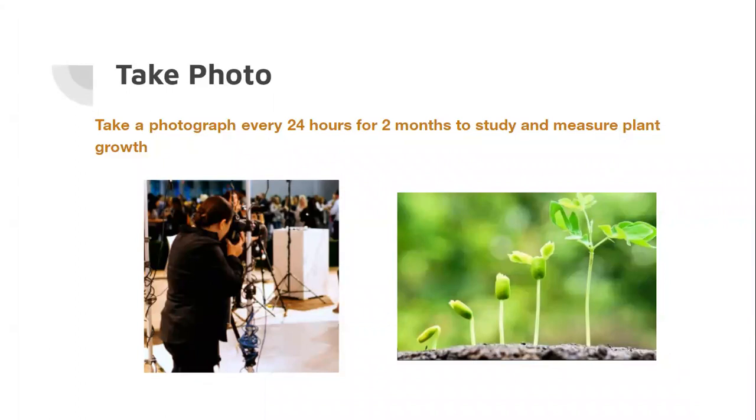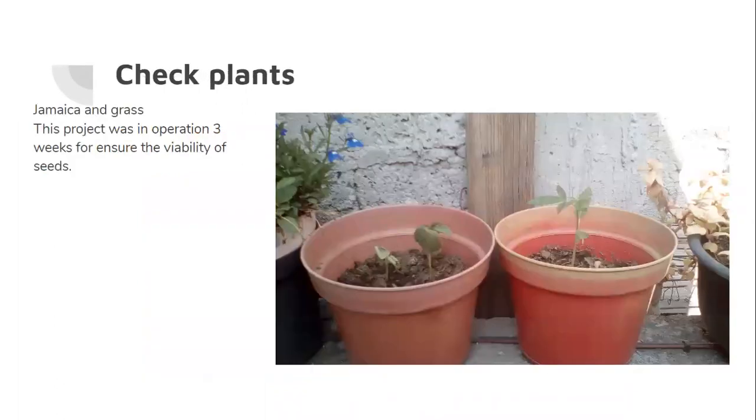We checked with two types of seeds, jamaica and grass. This project was in operation for 3 weeks, ensuring the viability of the seeds, and the grass plant grew similarly to the jamaica seeds.